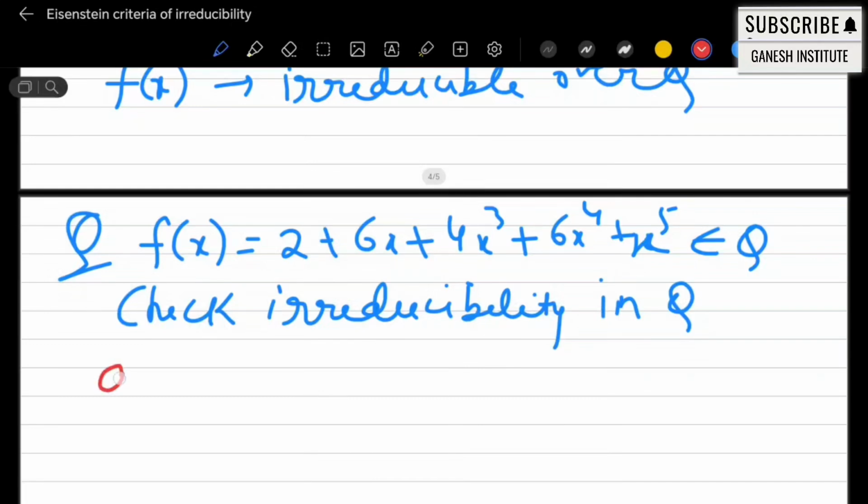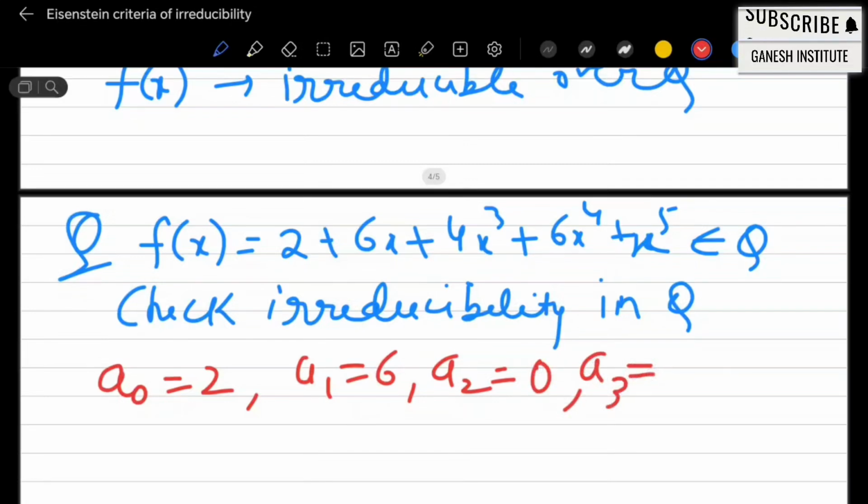Now tell me, what is a naught here, the constant term? 2. What is a1? 6. What is a2? It is the coefficient of x square, but x square is not there. So a3, the coefficient of x cube, a4, the coefficient of x4, and a5, the coefficient of x5. That is 1, because this has only 1 as its numerical coefficient.